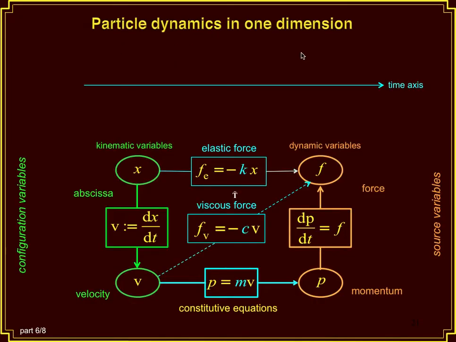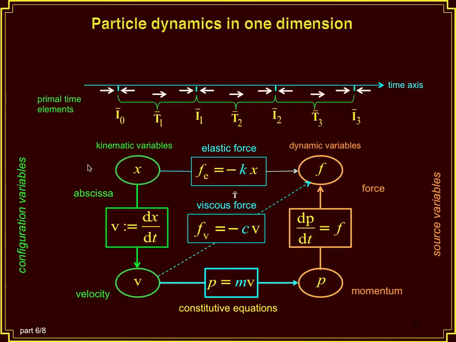Particle dynamics in one dimension. Here you have the diagram in which are represented the physical variables of particle mechanics moving in one dimension and their association with the elements of the time axis. On the left you have the kinematical variables that are the abscissa and the velocity. Velocity is the derivative of x.